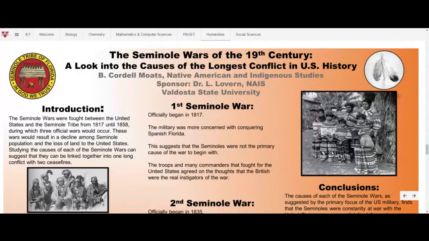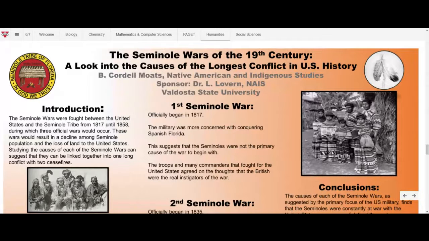What I found when I started looking at this topic was that the 3 separate Seminole Wars, which are studied in history as 3 separate events of war between the United States and the Seminole people, can actually be linked together into one long continuous conflict that had 2 ceasefires.